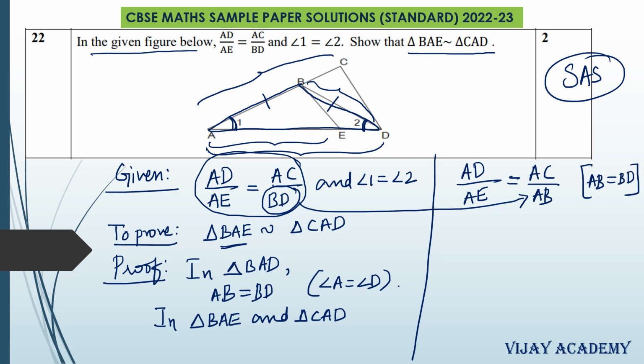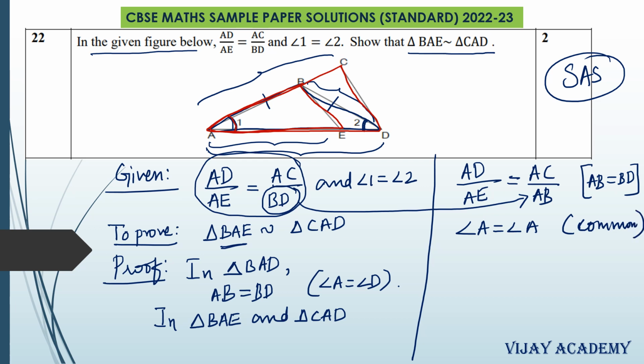So now from these two triangles, triangle BAE and triangle CAD, we have a common angle, that is angle A. So we can write that angle A is equal to angle A, which is the common angle for both the triangles.